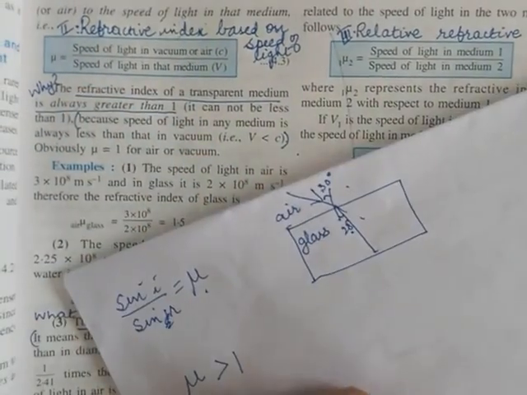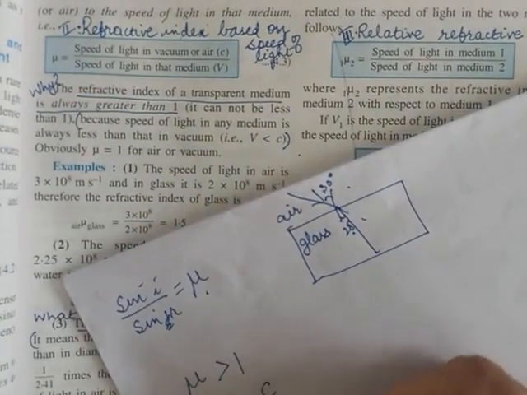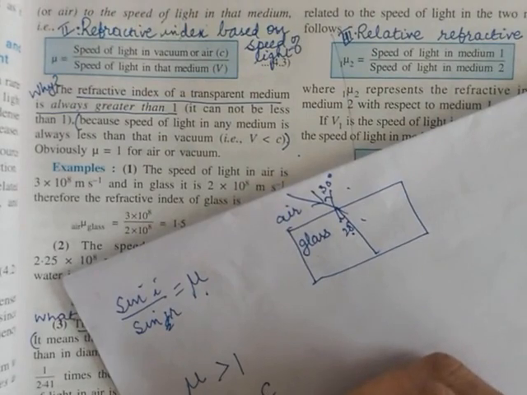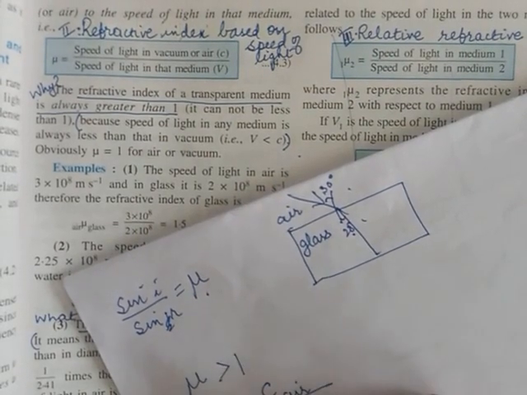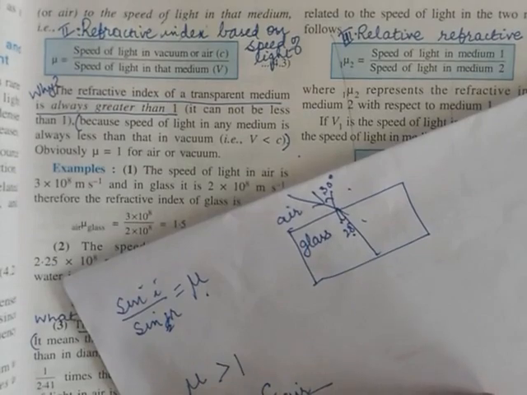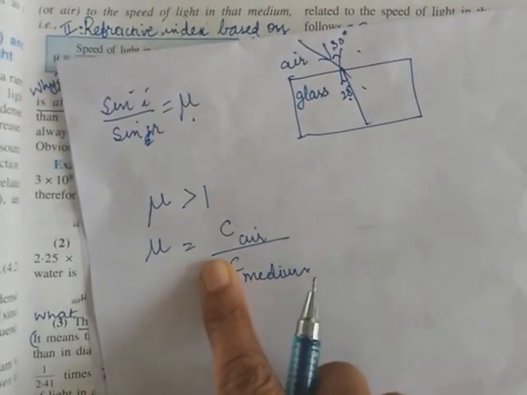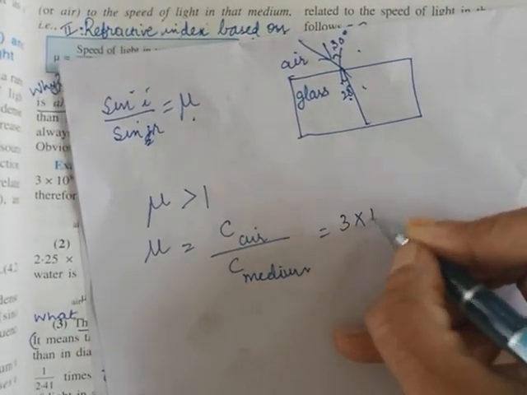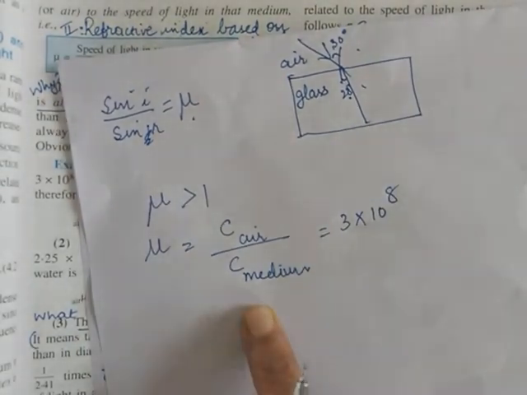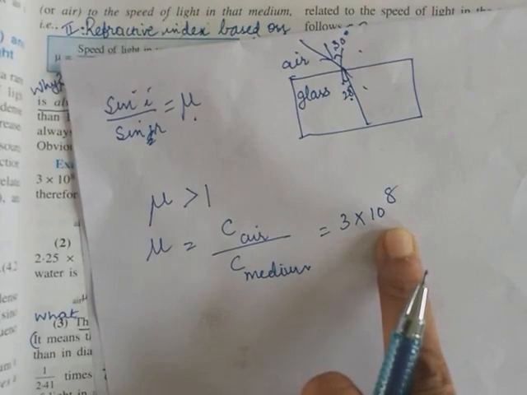The refractive index formula is speed of light in air upon speed of light in medium. You know that speed of light in air is the maximum. In air, it travels the fastest, that is 3 into 10 power 8. In all other mediums, it will be less than 3 into 10 power 8.